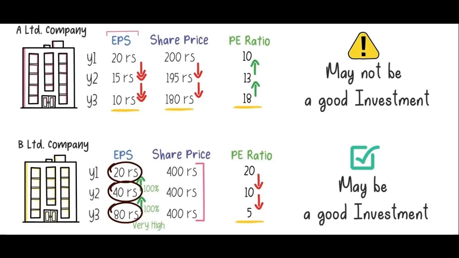First year it was 20 rupees, then it became 15 rupees, and in the third year it became 10 rupees. And share price rupees 200, rupees 195 and rupees 180. And PE ratio started to increase from 10 to 13 and from 13 to 18. So in this company, the PE ratio has increased consistently. That means the company is overvalued.